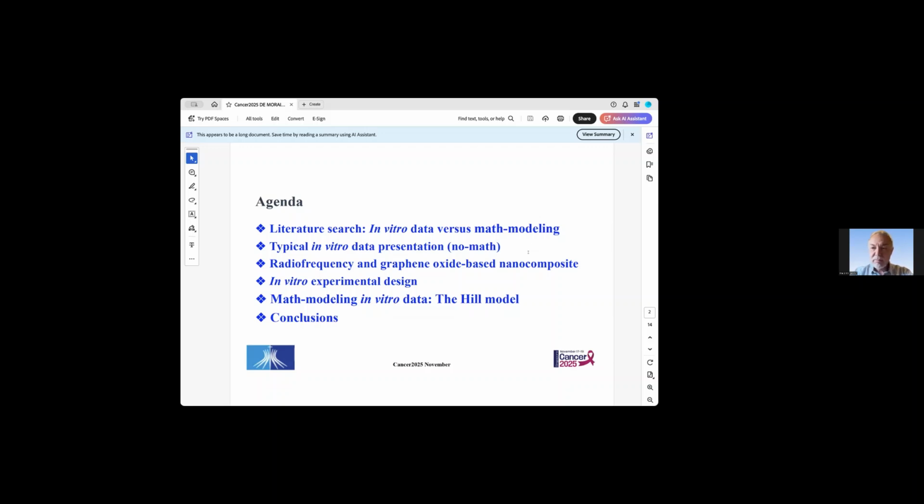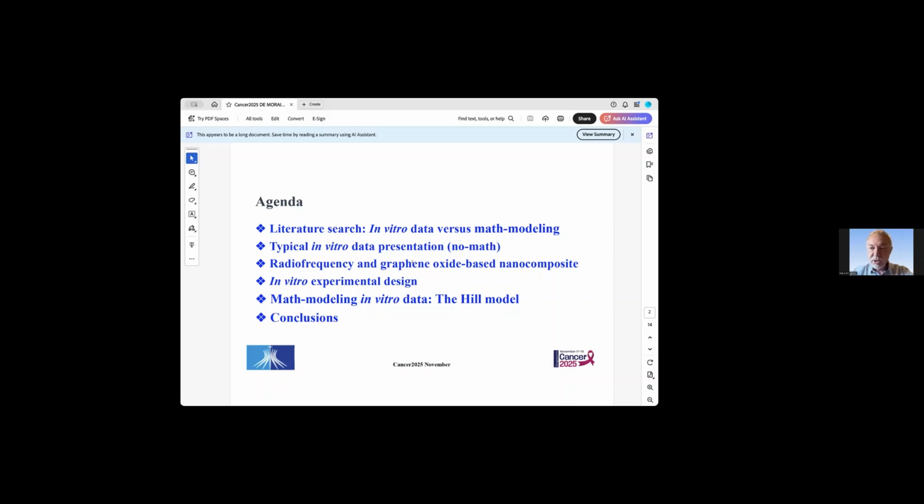But I have also been working on in vivo experiments like biodistribution. And then, you will be surprised to see how little mathematical models have been used to analyze bioassays. So it's the second point in my talk.